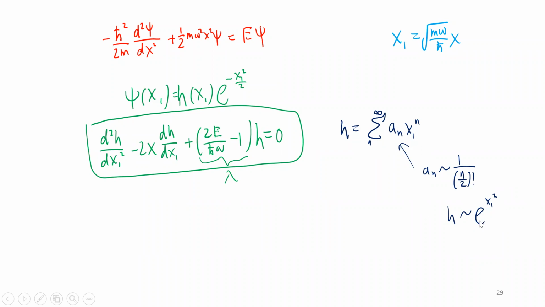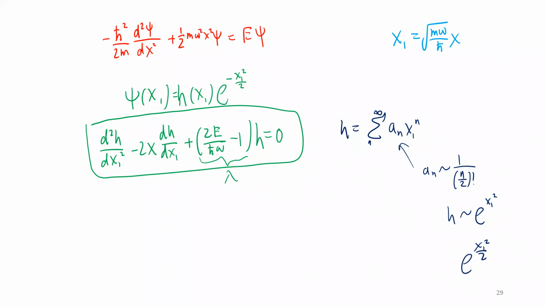Then you run into a problem, because if h goes like this positive exponent, and you multiply it by e to the negative x1 squared divided by 2, you still end up with a positive power. What it tells you is that the wave function gets larger and larger at large x, and that's unphysical.